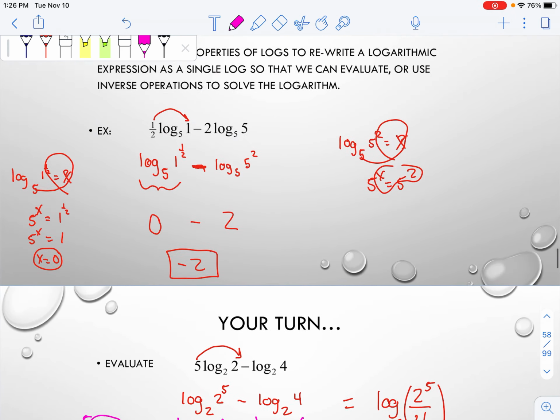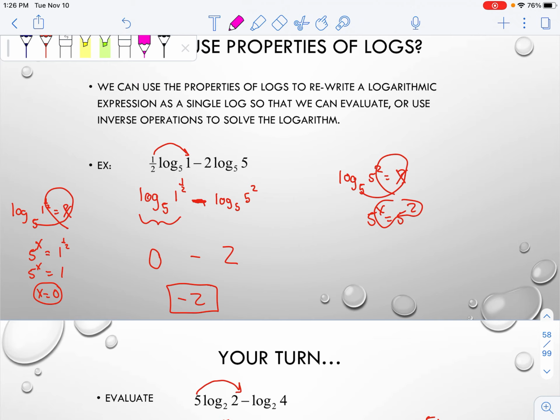Could we go back and do the same thing for this one? I think we could. 1 to the 1/2 power right here is 1. So you have log of 1 over 5 squared, since that's negative. Technically, our base is 5, so we have 5 to the what power equals 1 over 5 squared?